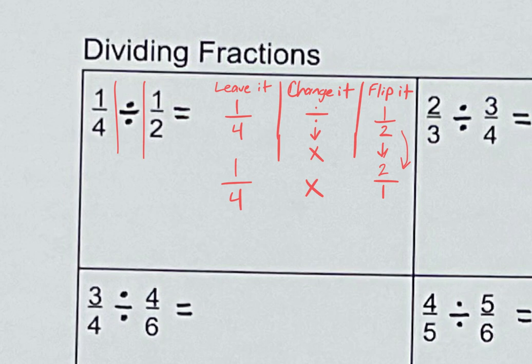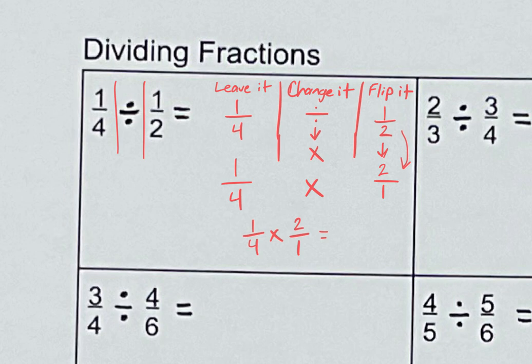It's not technically the opposite, but that's kind of how we think of it. Sometimes the reciprocal flips the fraction over. So instead of 1/4 divided by 1/2, you would do 1/4 times 2/1, which is a whole number 2. But now that we know how to multiply fractions from last week, we know how to solve this problem. We have 1/4 times 2/1, or 2 as a whole number.